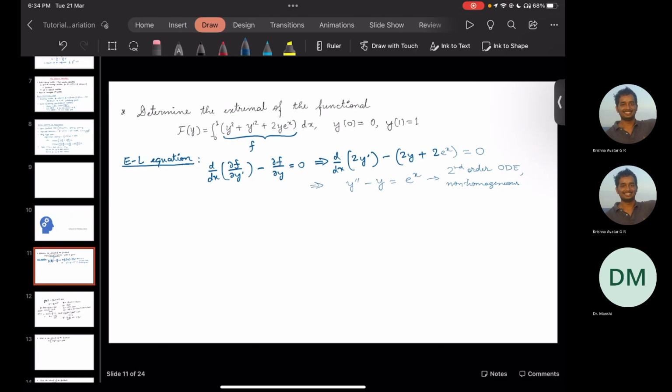Okay, so let's solve this problem. You know that for a non-homogeneous differential equation, we need to first find the homogeneous solution and then a particular solution and then add them up to get a general solution. And then using end conditions, we will find the constants of integration, right?